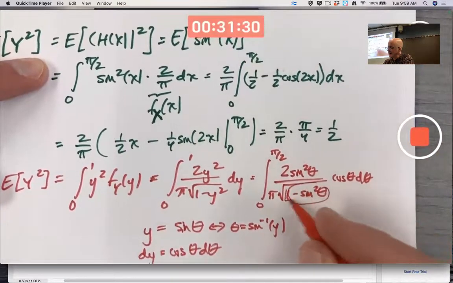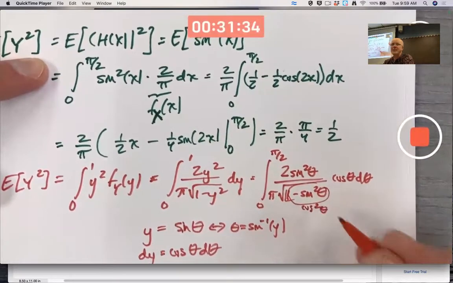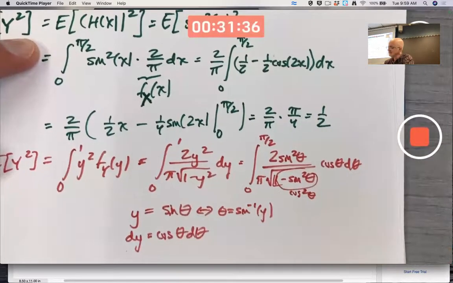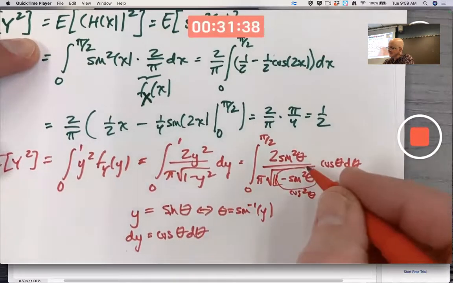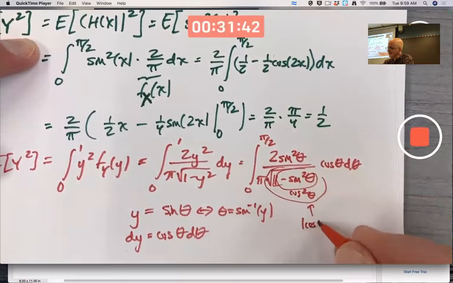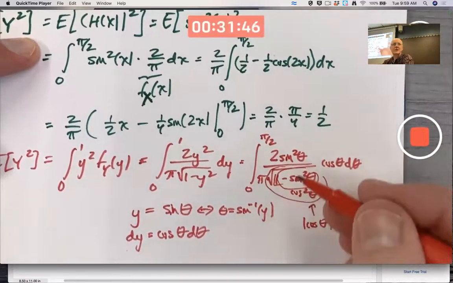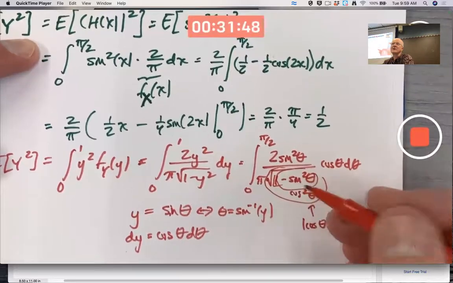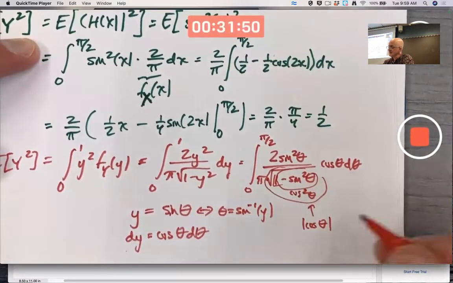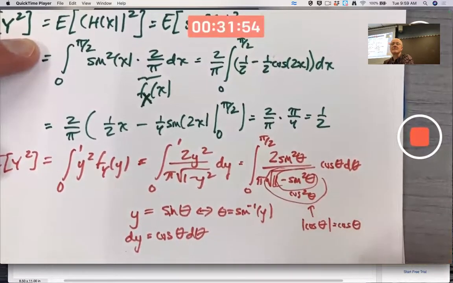That's a cos squared theta. Technically, the square root of cos squared theta is the absolute value of cos theta. However, theta is between 0 and pi over 2. So cos theta is positive. So this is the same as cos theta.